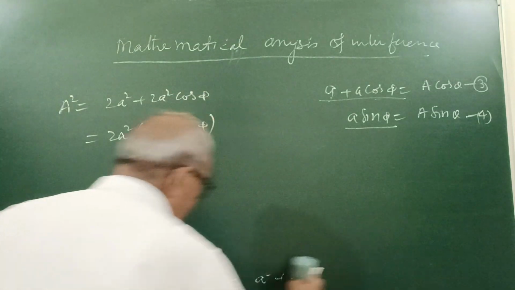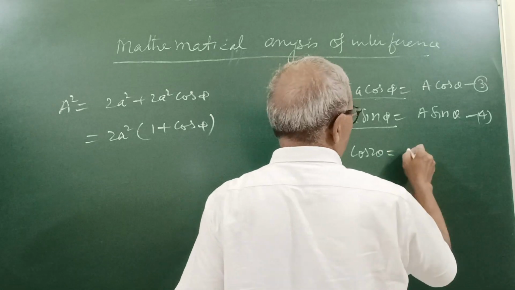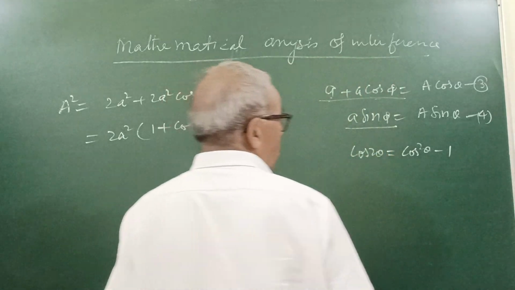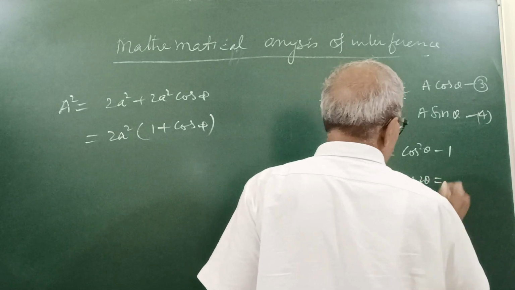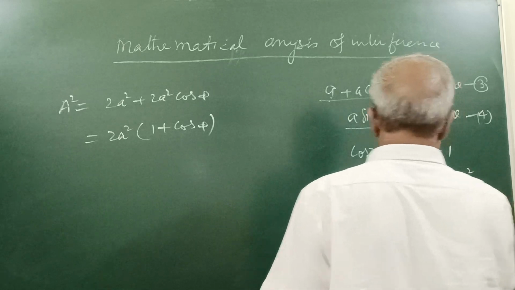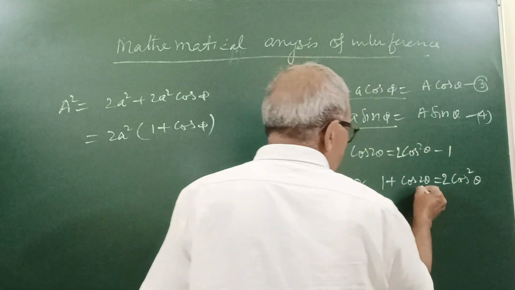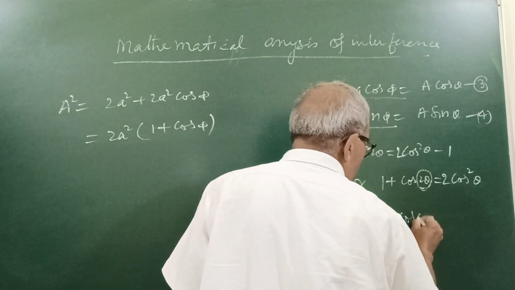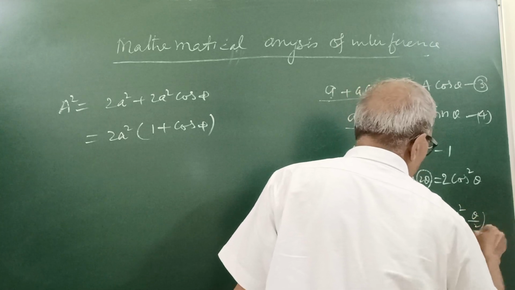There is one trigonometric relation: cos 2 theta is equal to 2 cos square theta minus 1. Or 1 plus cos 2 theta is equal to 2 cos square theta. If instead of 2 theta I use theta here, then 1 plus cos theta is equal to 2 cos square theta upon 2.